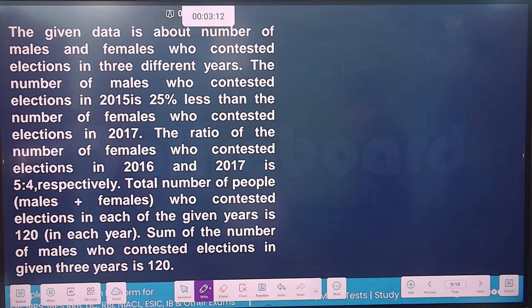You have 3 more minutes. At least try to read the question. Try and see how you can solve.